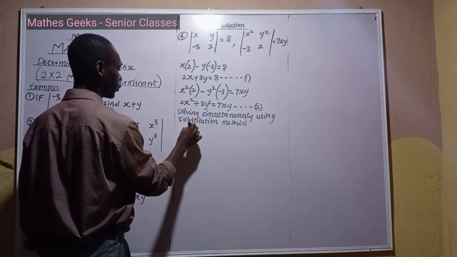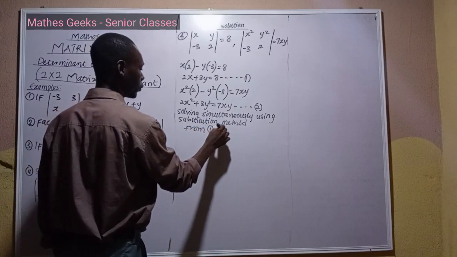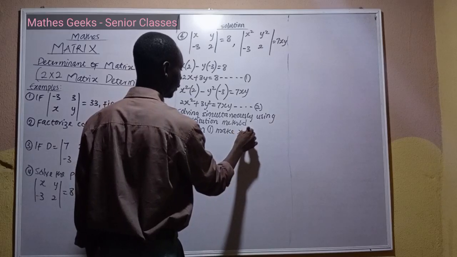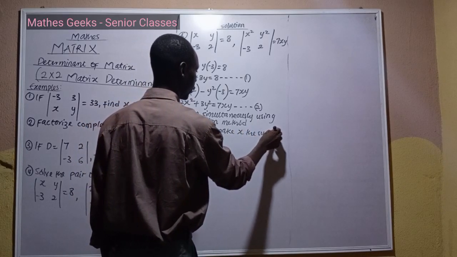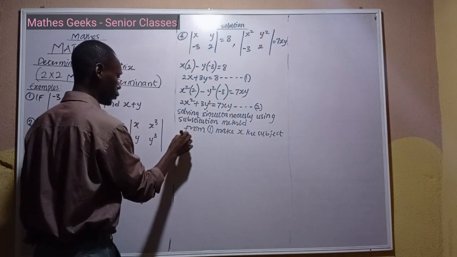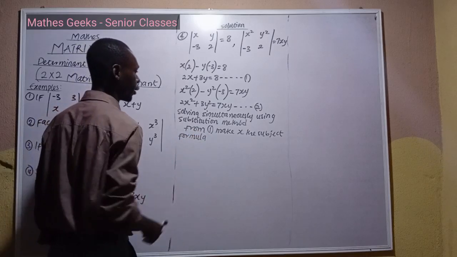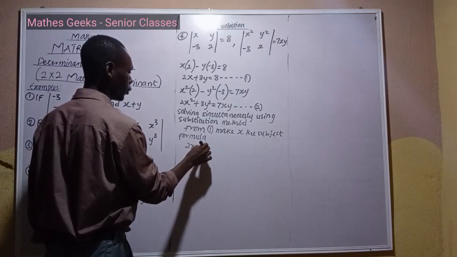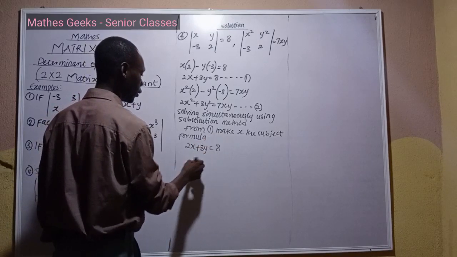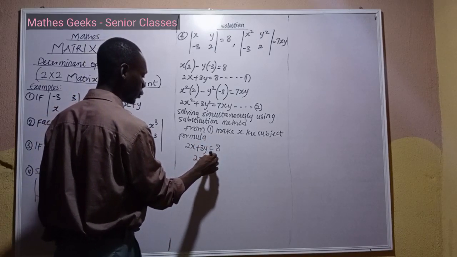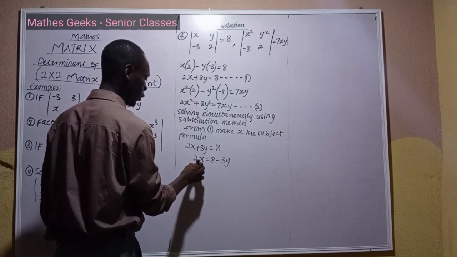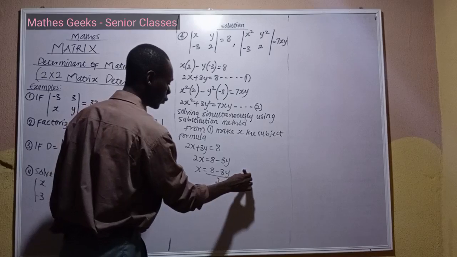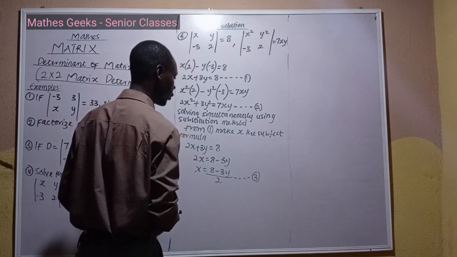So let's say from equation 1, make x the subject of the formula. 2x plus 3y is equals to 8. 2x equals to 8 minus 3y. x equals to 8 minus 3y over 2. We call this equation 3.